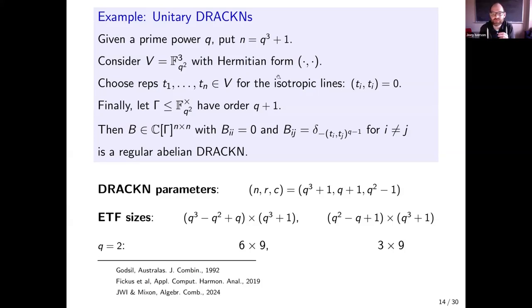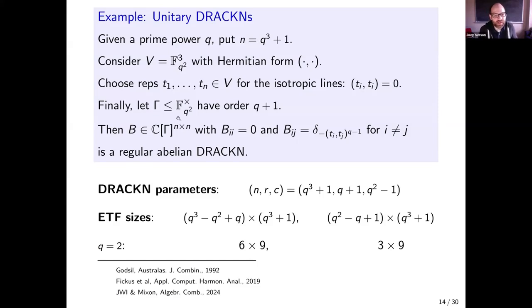So lines that, in terms of this Hermitian form, can't see themselves. If you take a vector, it could be that its inner product against itself is 0, even though it's not the 0 vector. If that happens, then that spans what's called an isotropic line. It turns out this is exactly how many isotropic lines there are in this case. And I choose representatives for those lines. And then I'm going to use those to make my DRACKN.